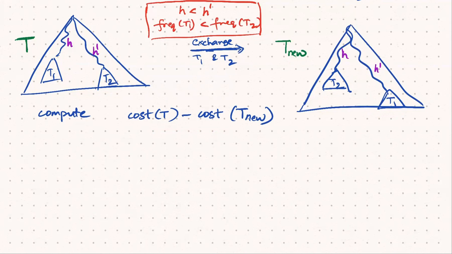Okay, so what is the contribution of the symbols in T1 and T2 to the cost of T?